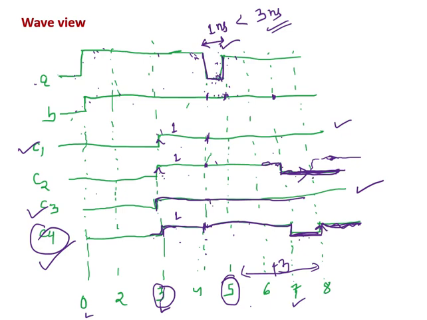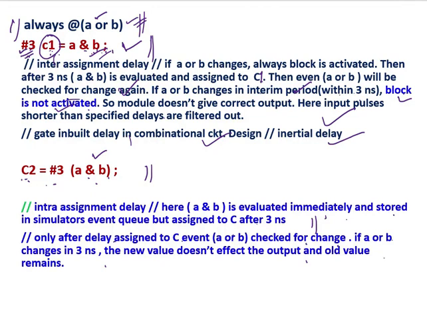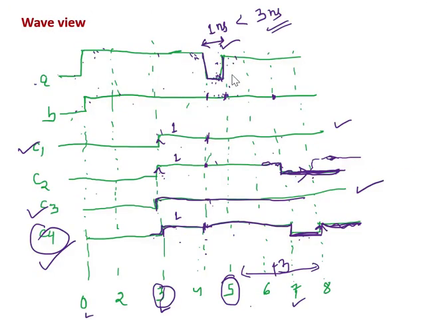But as it changes again from 0 to 1 within 1 nanosecond, the old value remains, so it is 0 into 1 equal to 0. This 0 will remain, and we won't get 1 into 1 equal to 1 the way we got here. We got that exact output for C4, but not for C2. That we need to remember.